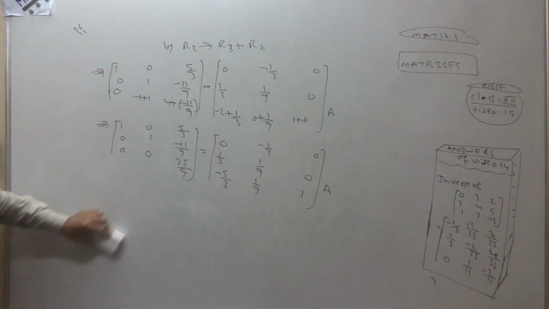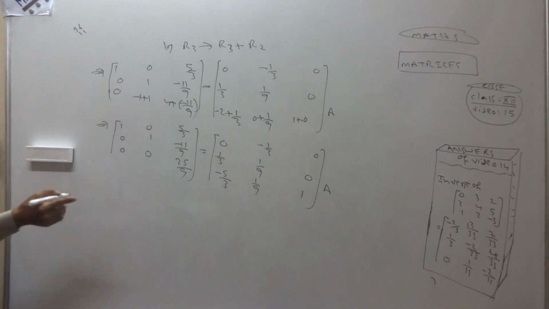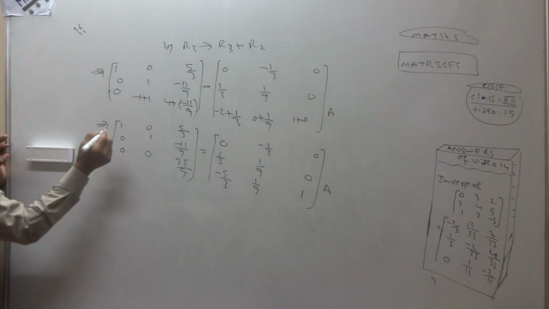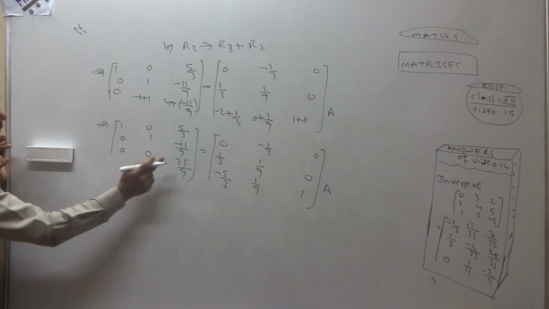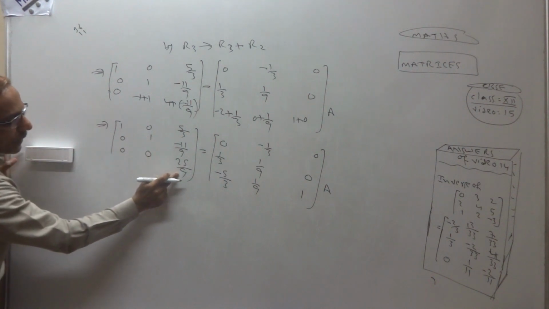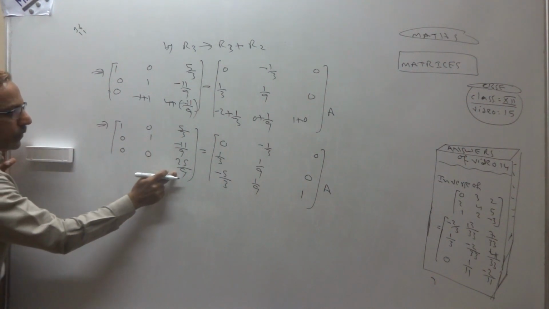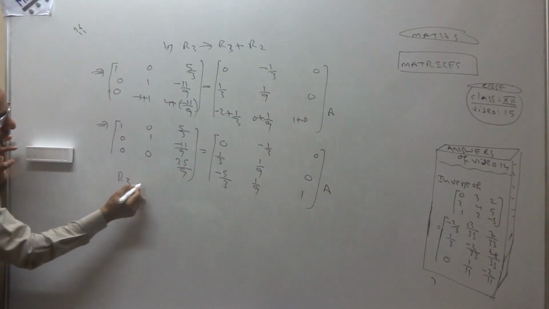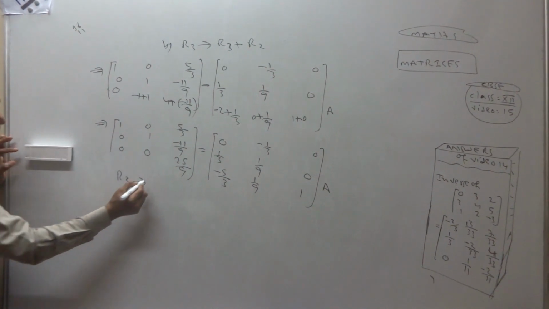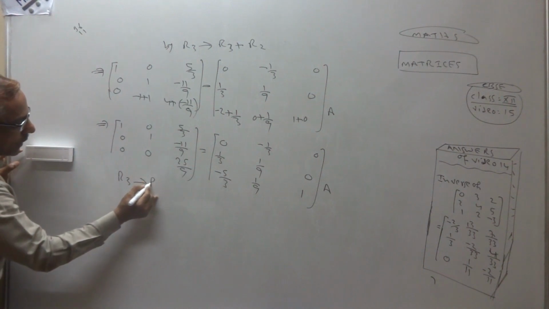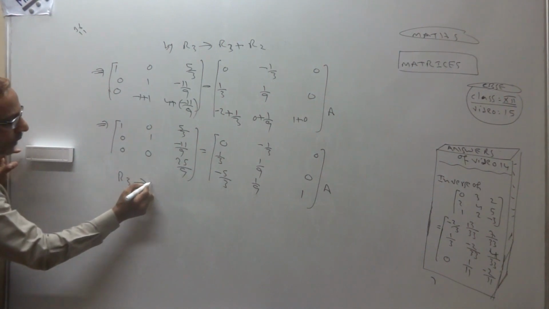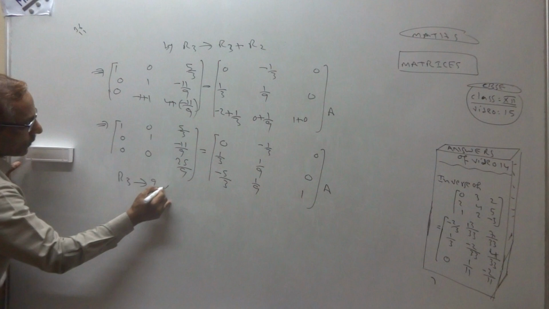So now you should decide that you got 1 0 0 0 1 0. Now you have to make this 1. So how can I get 1 here? R3 gives, because I have to get 1 here, R3 is multiplied by 9 by 25.